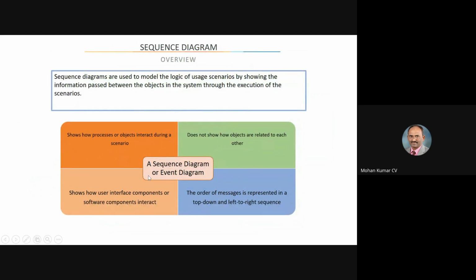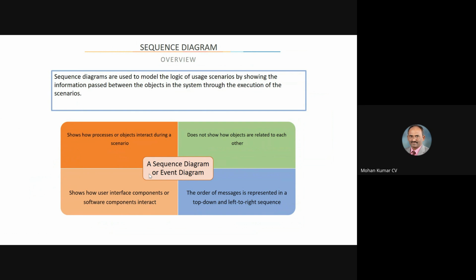Sequence diagram. The sequence diagram is used when you are making steps, putting one step after the other. Sequence diagrams are used to model the logic of usage scenarios by showing the information passed between objects in the system through the execution of scenarios.